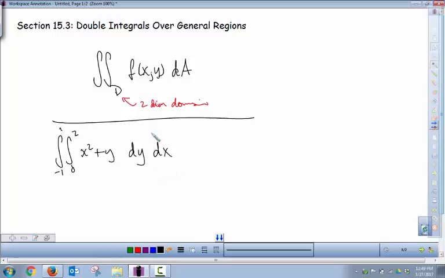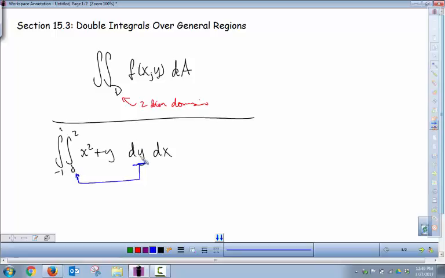Well, let's take a look at this. This is how you can start to break it down. We're doing an iterated integral. We're going to integrate with respect to y first. Before we actually do the integral, I'm more interested in extracting the domain from here, because I want us to be able to go from an integral to a domain and then from a domain to an integral.